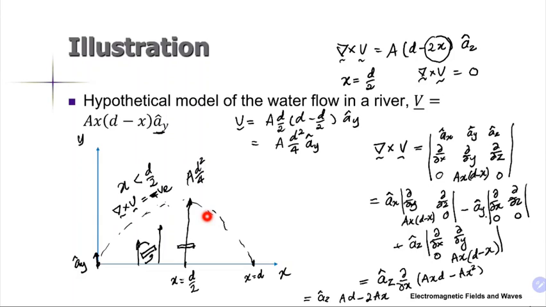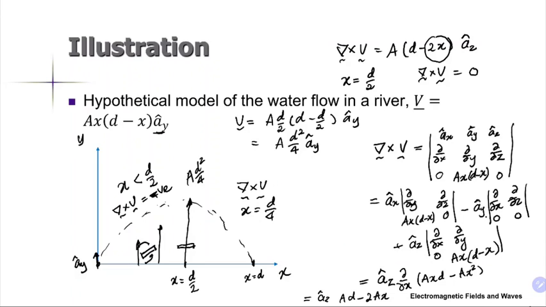If I take x greater than d over 2, then this bracket here is going to be a positive value. If not convinced, let's say I take the curl of v at x equals d over 4.